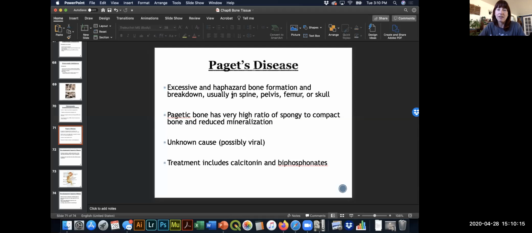So you have Paget's disease of the pelvis, or Paget's disease of a particular bone. So you end up having mostly spongy bone and not a lot of compact bone, and not very much mineralization. So you basically end up with soft bones. And it possibly has a viral origin, but we don't know for sure.